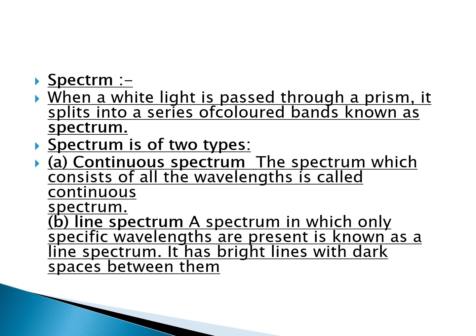And the second is line spectrum. A spectrum in which only specific wavelengths are present is known as line spectrum. It has bright lines with dark spaces between them. We can say it is the spectrum which can be identified by the appearance of bright lines.